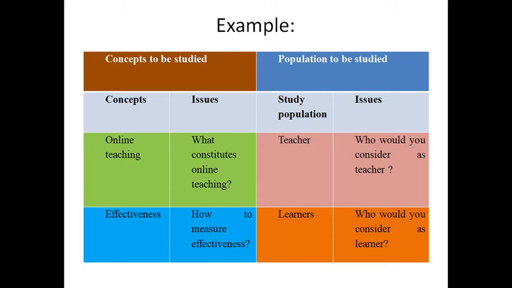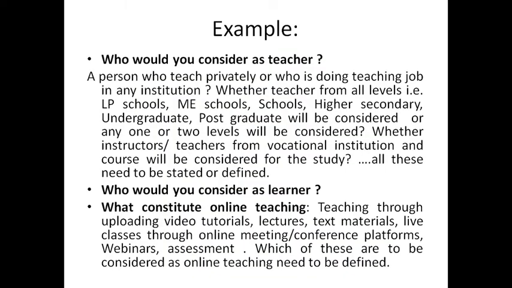Regarding the population to be studied, the target group is teacher. So who would you consider as teacher? This is an issue. Again, learner is another study population. So who would you consider as learner? So these are the issues. Now we will see how to define it.